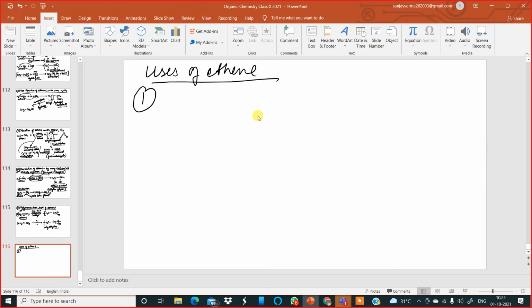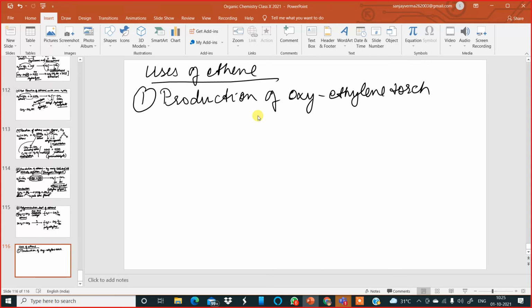The first one: ethene, after mixing with oxygen, is used for the production of the oxyethylene torch. Now, what is the purpose of this oxyethylene torch?